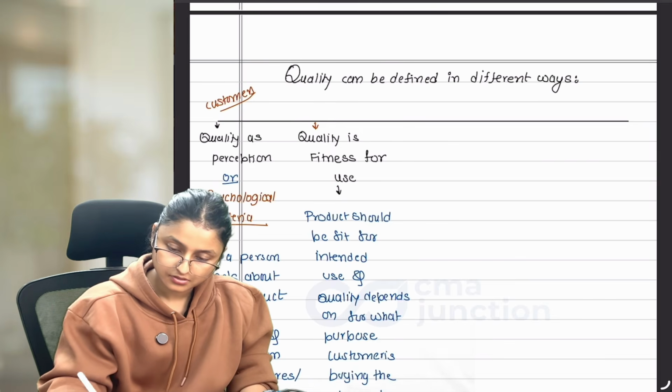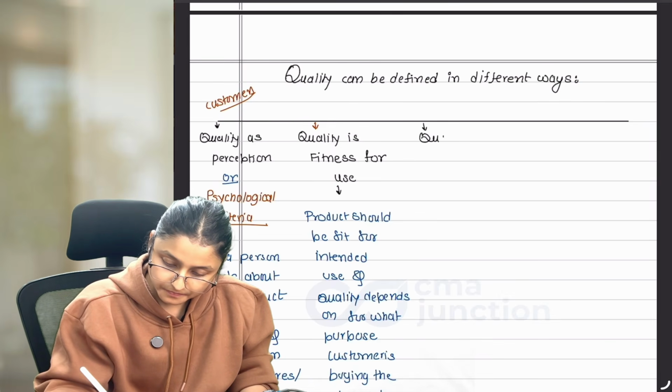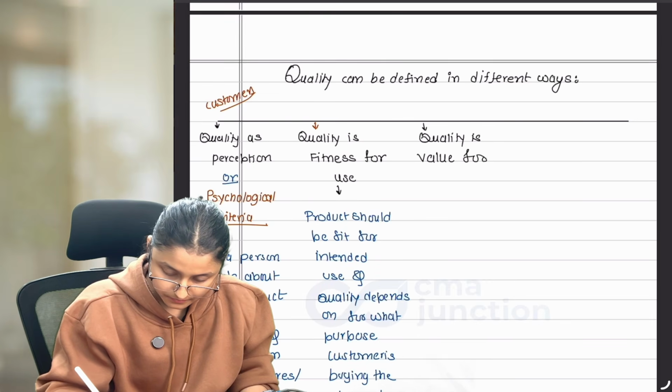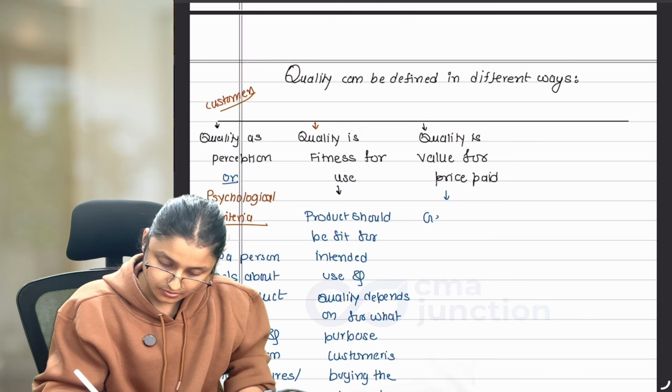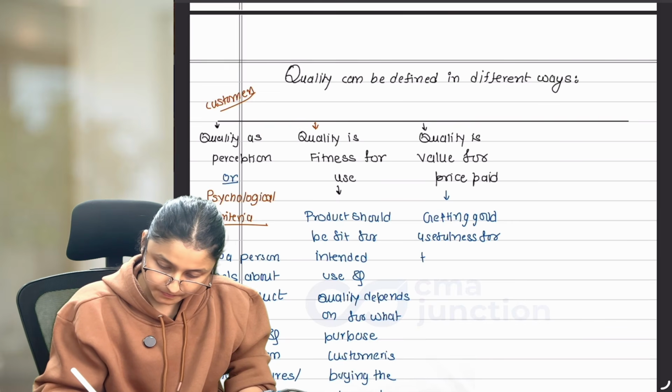Next, quality is value for price paid. Getting good usefulness for the amount spent.